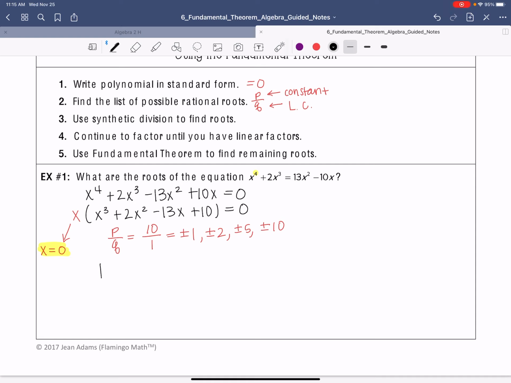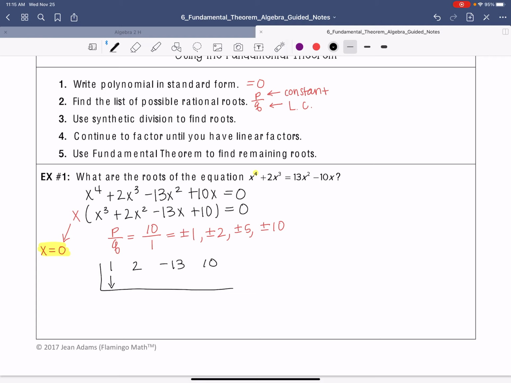So remember, we're going to do synthetic division. If I were you, when testing these, I would make this box in pen, and then I would put your coefficients in pen as well. So we have 1, 2, -13, 10. I'd put all of this in pen.